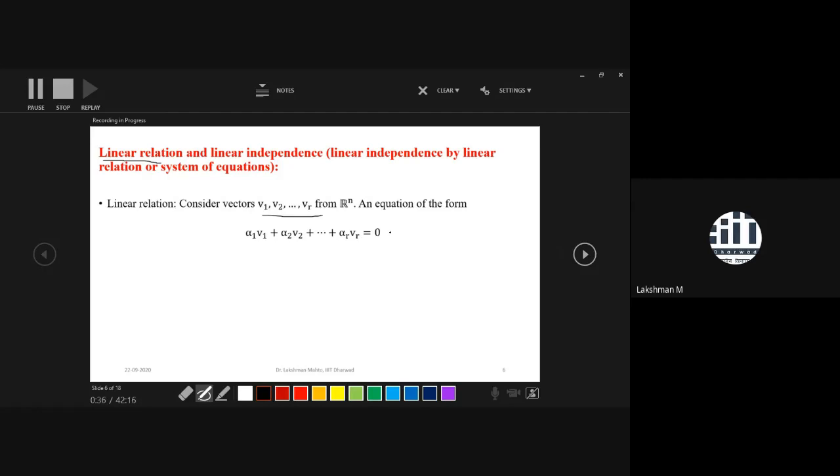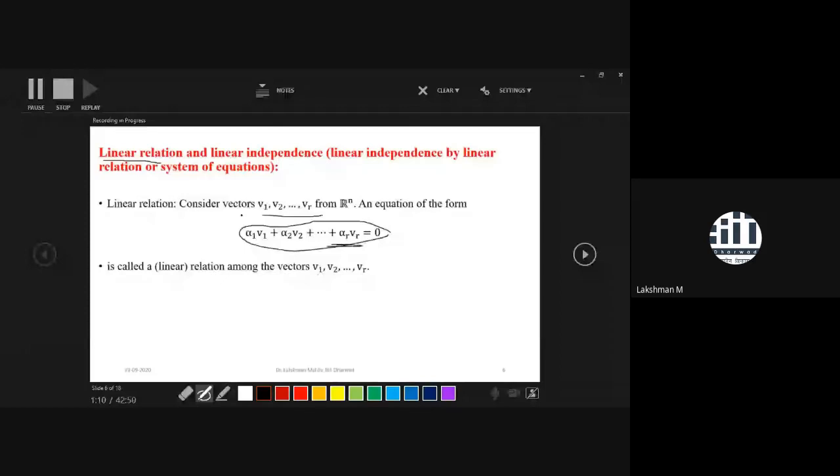We try to find a linear combination of these vectors equal to 0, looking for non-zero alphas for linear dependence. If we get all alphas equal to 0, then we simply say that the vectors are linearly independent. This equation we call a linear relation.